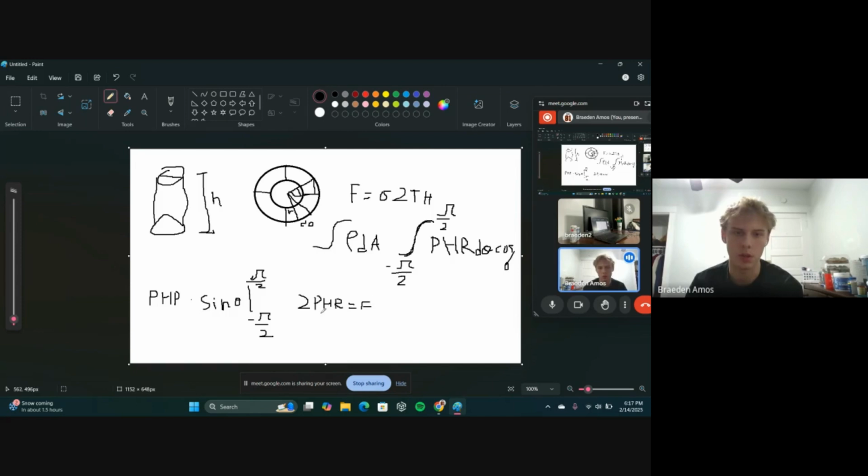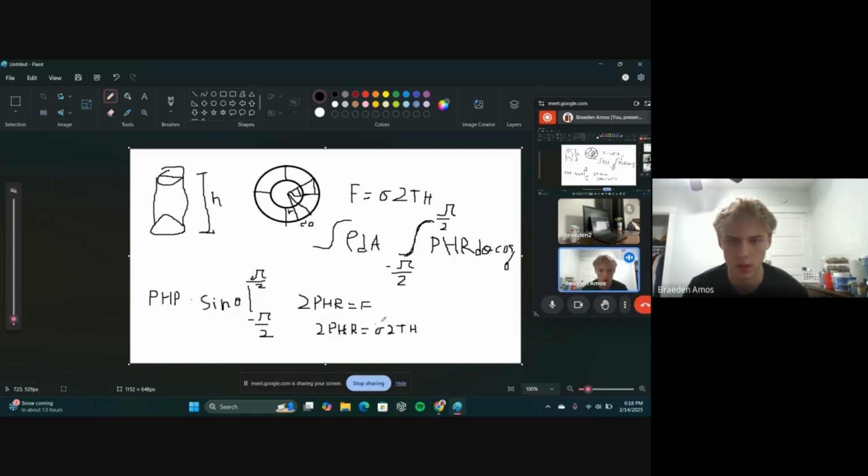So what we can do is plug this into this equation, then we get 2PHR equals tensile strength times 2th, and then we're going to solve this for the thickness.